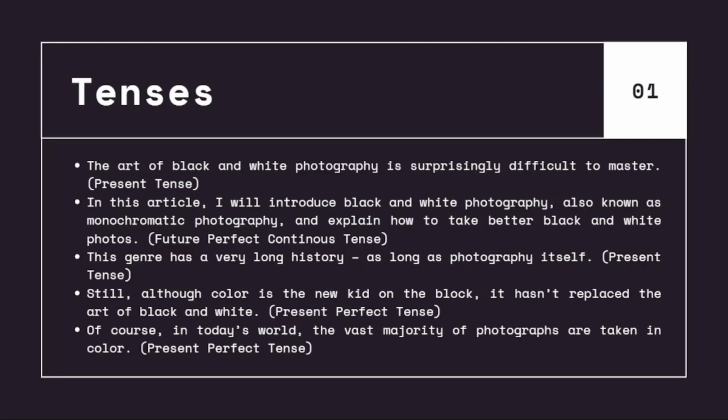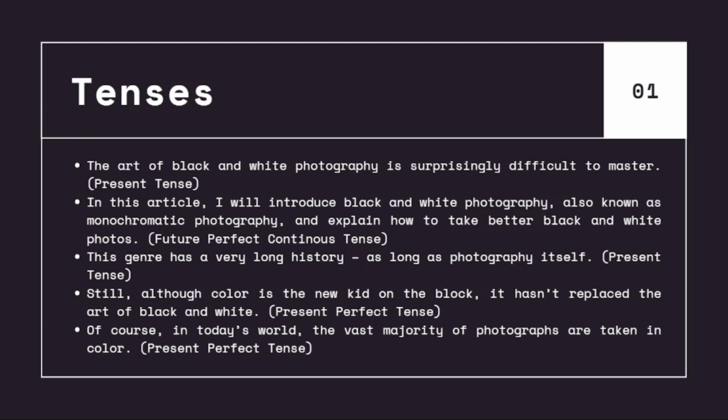Tenses. 1. Present tense. The art of black and white photography is surprisingly difficult to master. 2. Future perfect continuous tense. In this article, I will introduce black and white photography, also known as monochromatic photography, and explain how to take better black and white photos. 3.